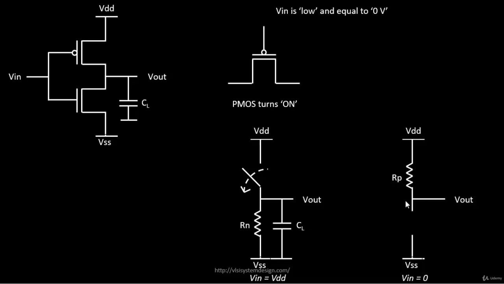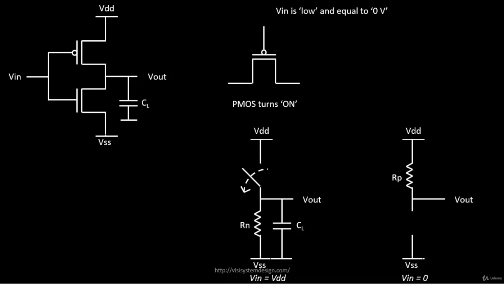So this is not a regular resistor that we will be using. It's a non-linear function of your drain current. Usually by Ohm's law, V equals IR, where the resistance is a linear function of voltage, but in this case it is not. We'll come to that part in a bit. So in this case where your Vin is low, your PMOS gets turned on, and it can be modeled as a resistor.